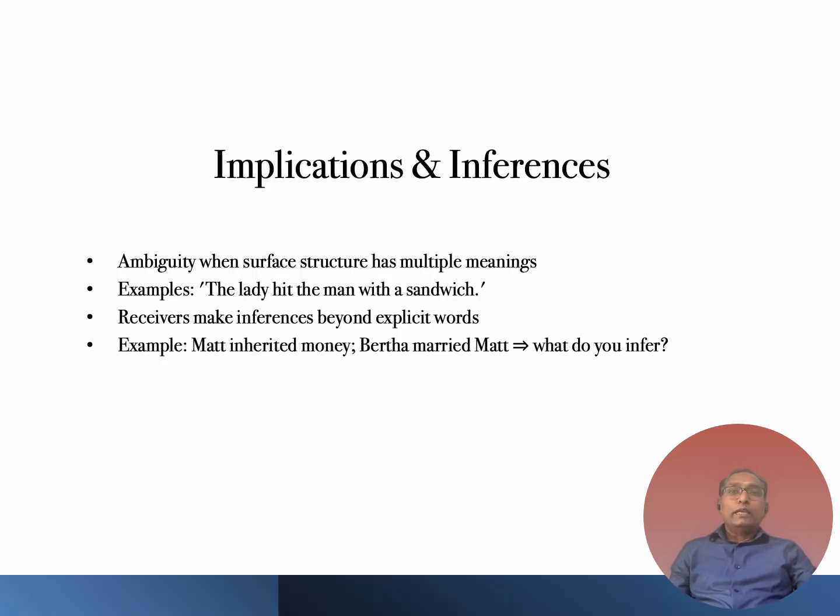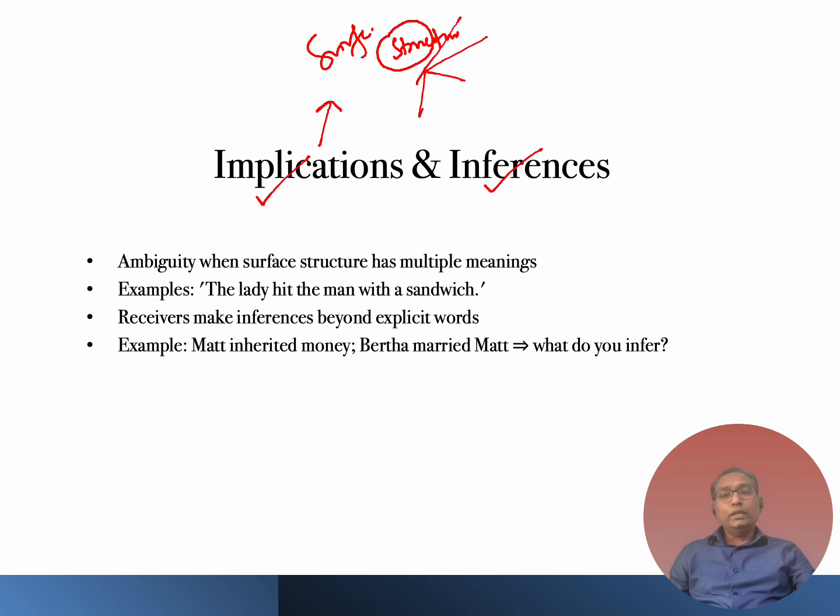So, as we discussed in the last slide, a speaker makes implications, or he implies or she implies, and the listener has to infer. And the way the speaker implies is by using the surface structure, the actual words used, right? And if this surface structure has multiple potential meanings, then the listener has to determine what exactly the speaker was trying to imply.